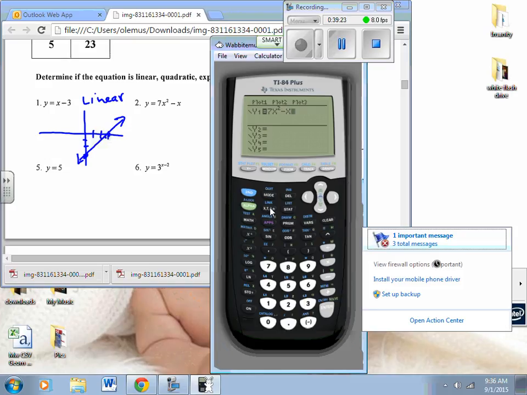Everybody see the graph? You see the quadratic, it's at the origin.